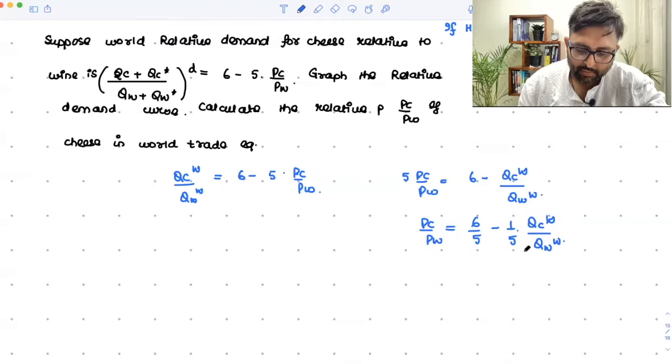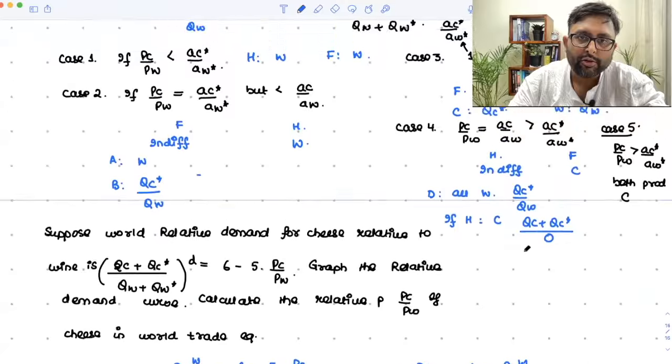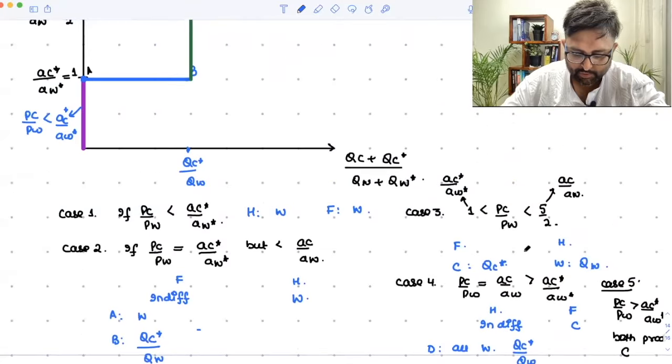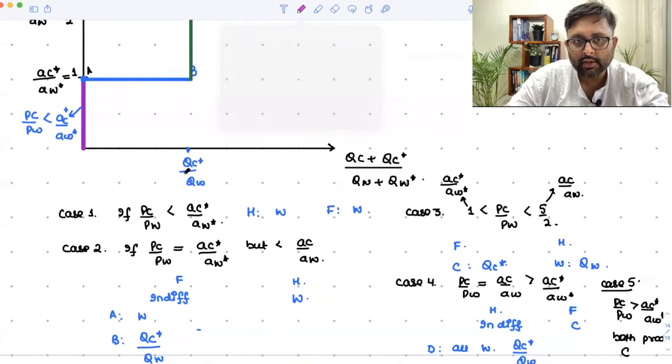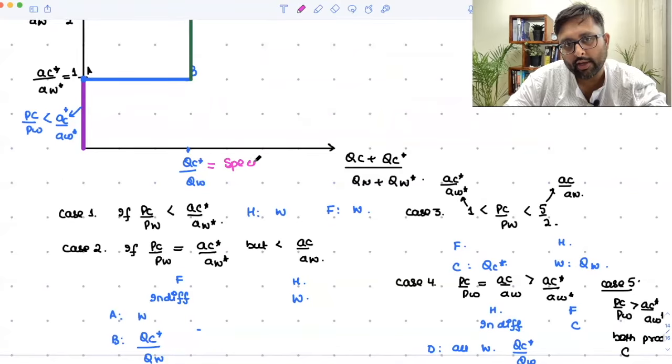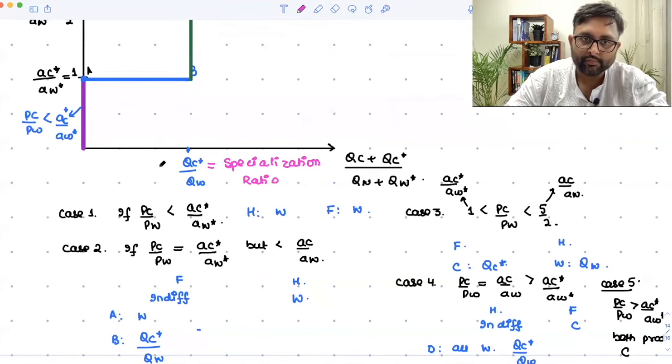Now, you remember that if you specialize, this is what my specialization ratio is. Foreign country is going to specialize all in cheese, and home country is going to specialize all in wine.